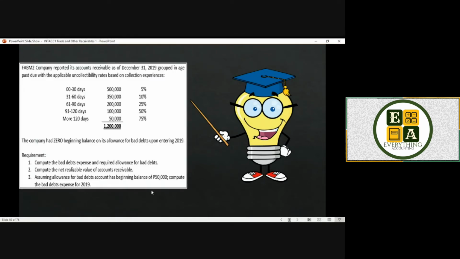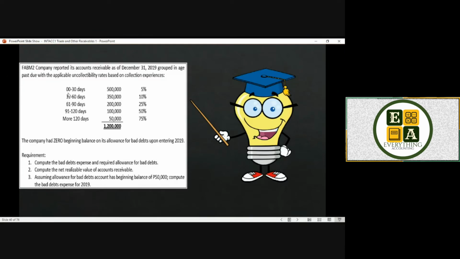I have an example. Sabi dito, Fabinto Company reported its accounts receivable as of December 31, 2019, grouped in age past due. Okay? So yung 0 to 30 days, hindi pa actually ito past due. Not due yung tawag dito sa ibang presentation sa mga books.